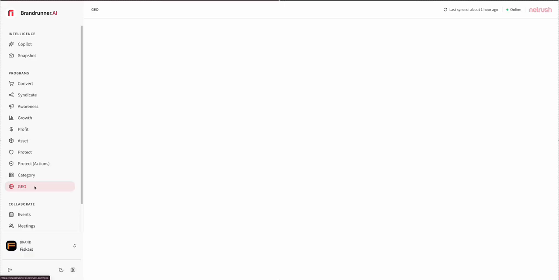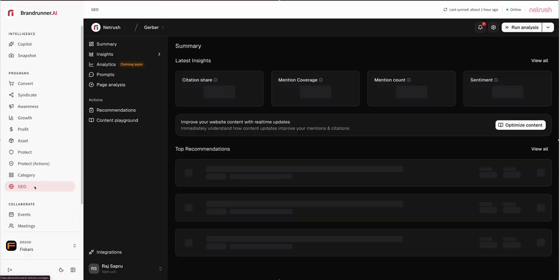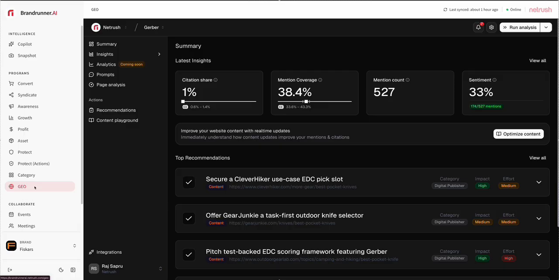The Geo dashboard, as generative engine optimization and AI search is becoming a really important part of organic. This tool is quite deep and sophisticated in terms of both assessment and action. This again is an example using Gerber information.